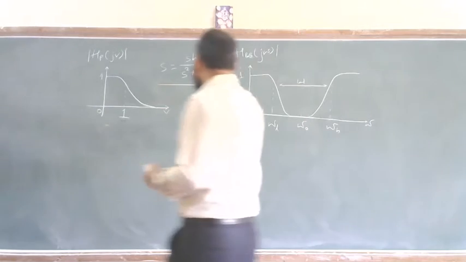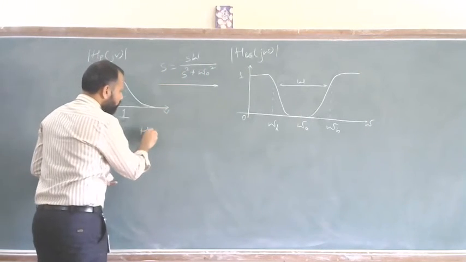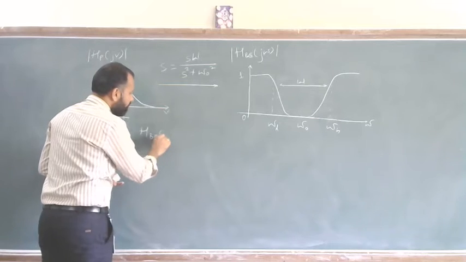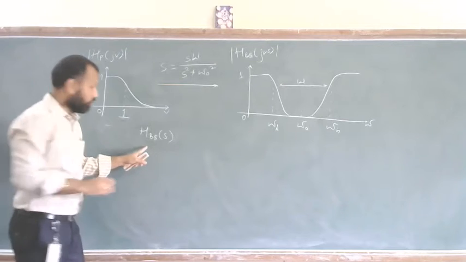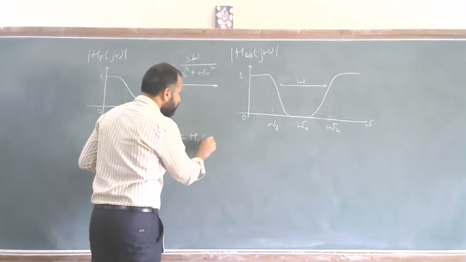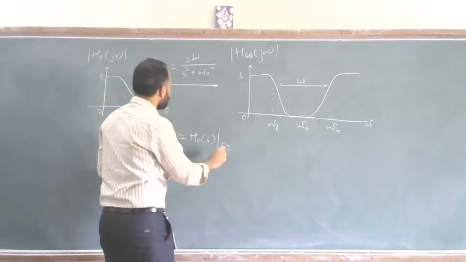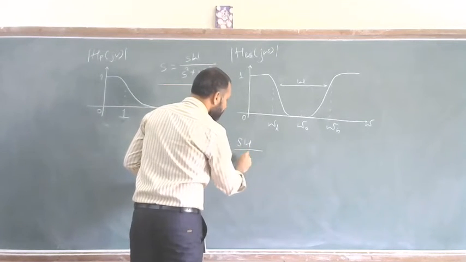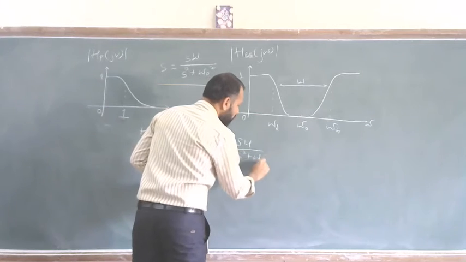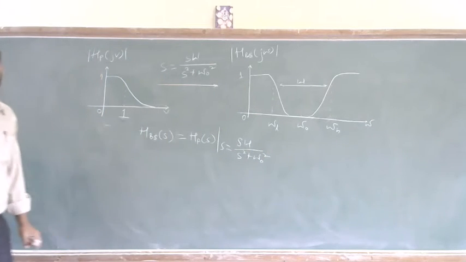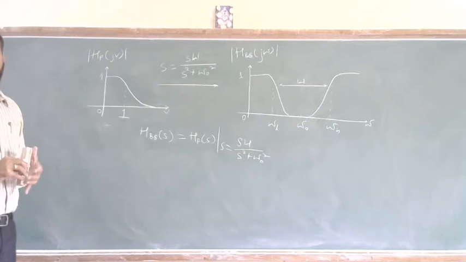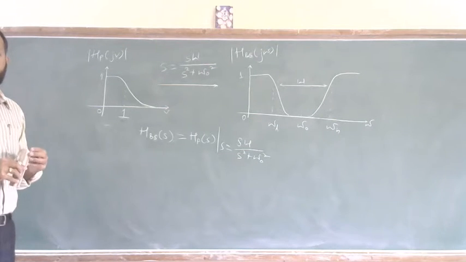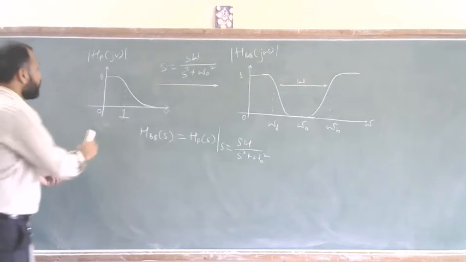So the band stop filter's transfer function will be obtained from the low pass prototype filter by substituting S equals SW divided by S square plus omega 0 square. This is the transformation used. Did you all follow this? Yes, sir.